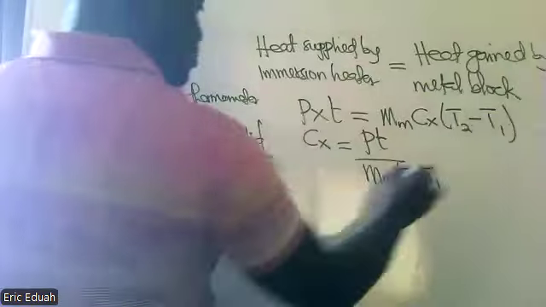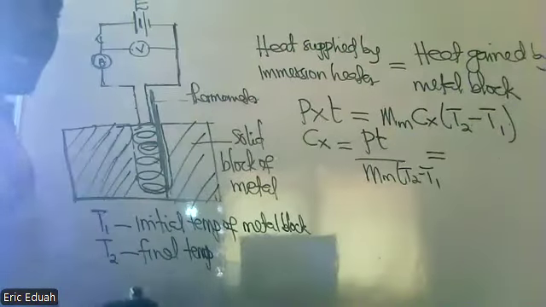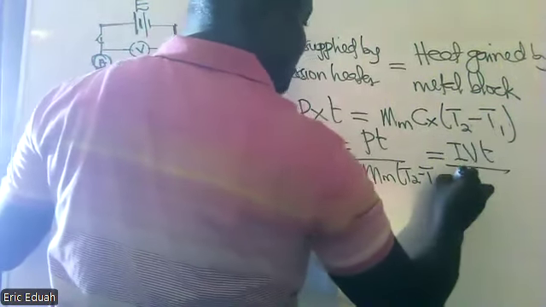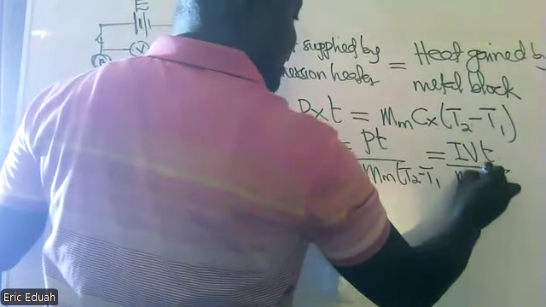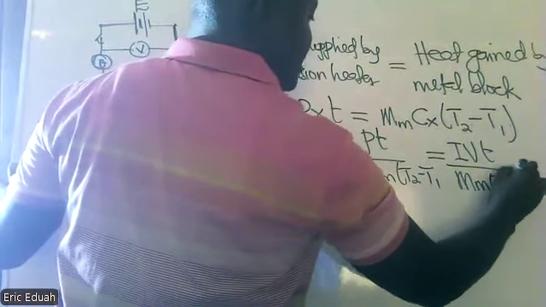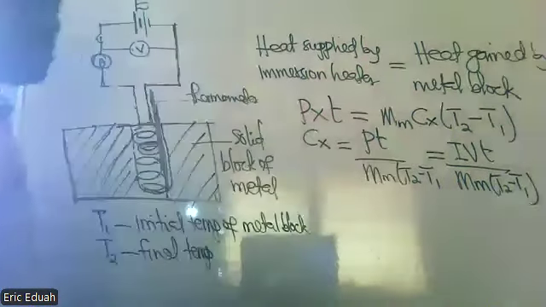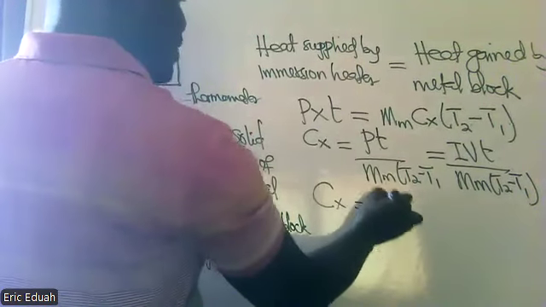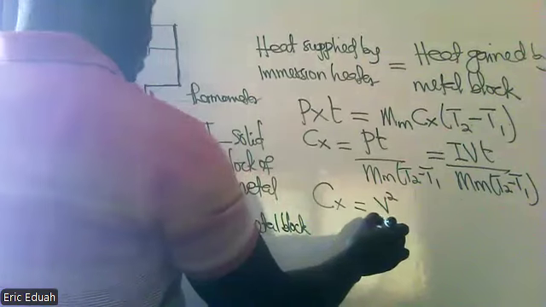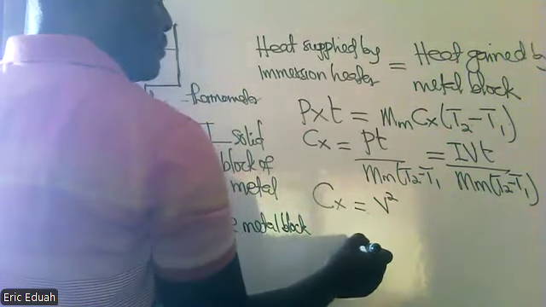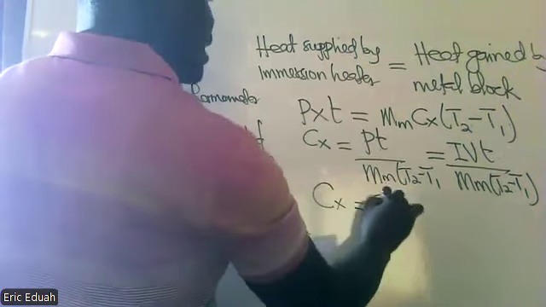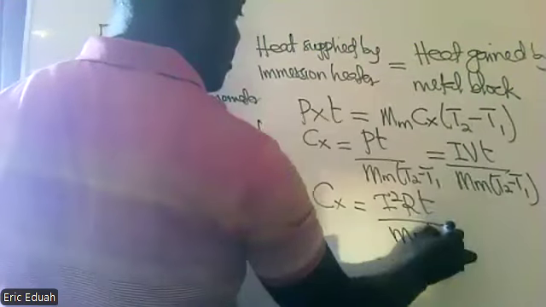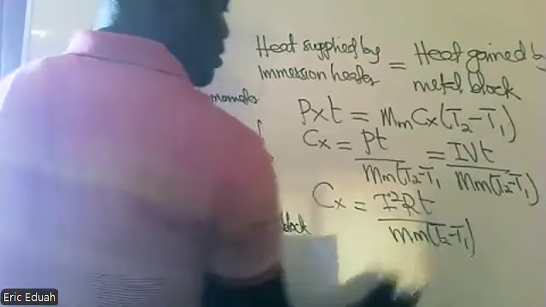Or this is also equal to, since power is current times voltage, I V t over M (T2 minus T1). Or let me make it I squared R t over M (T2 minus T1).